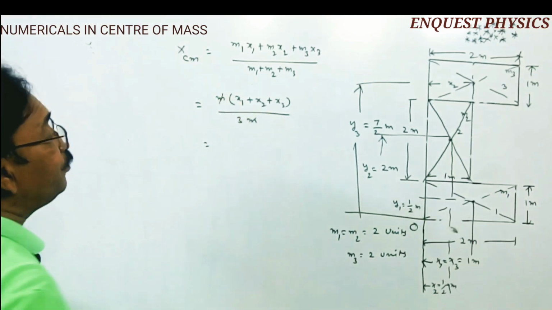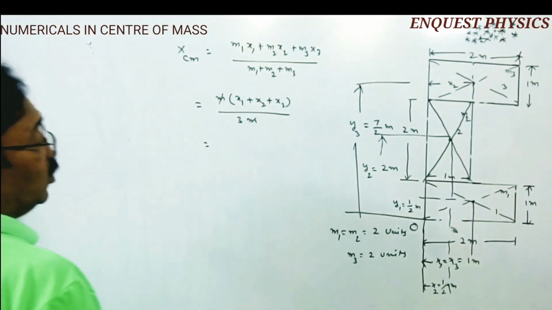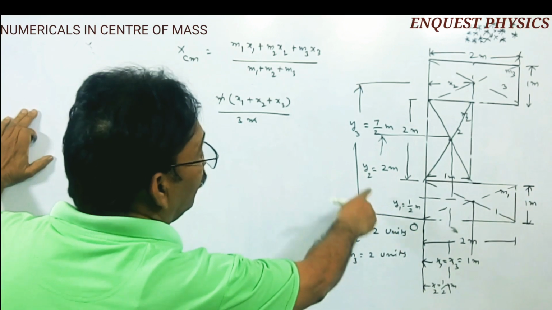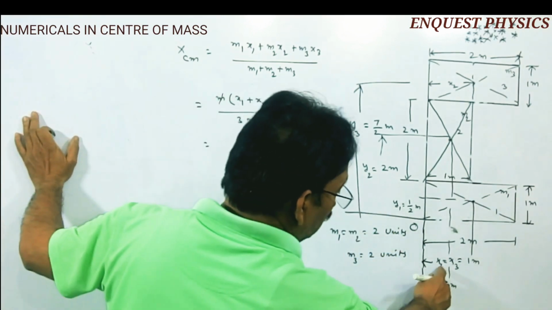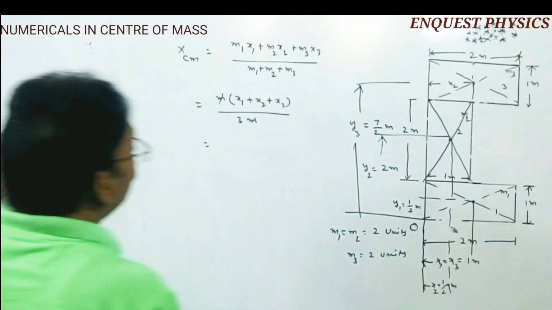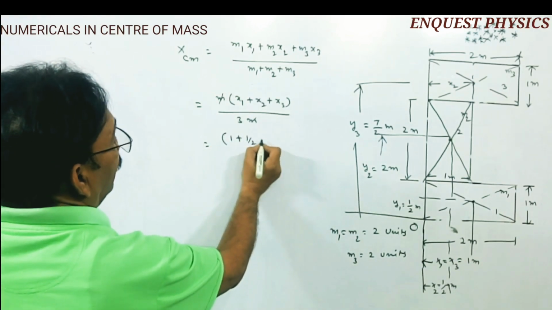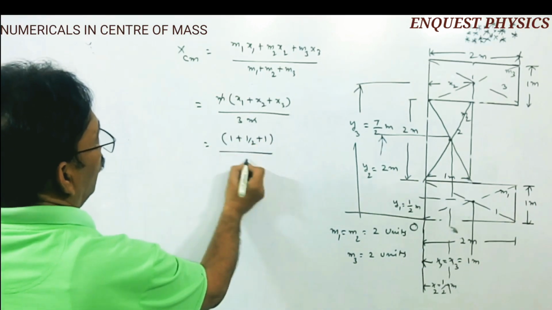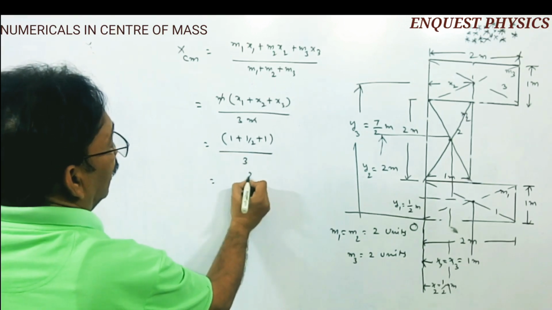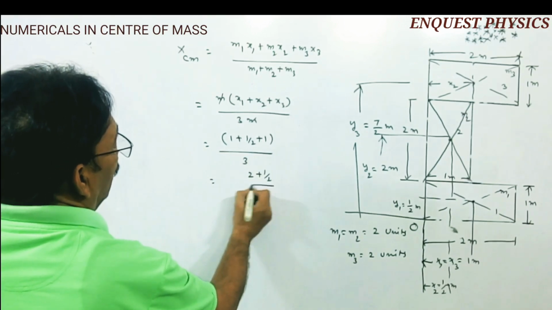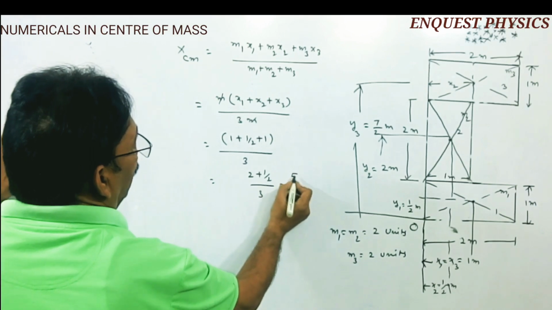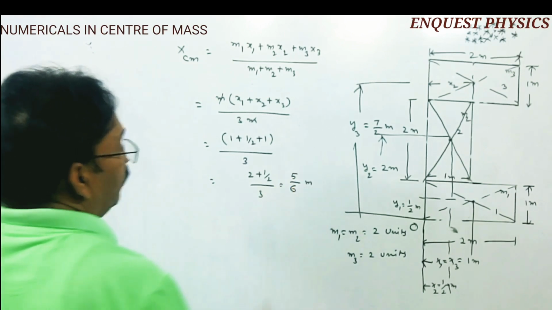The m's get cancelled. x1 is equal to x3 is equal to 1. So 1 plus half plus 1 by 3. It is 2 plus half by 3. It is 5 by 6 meter.